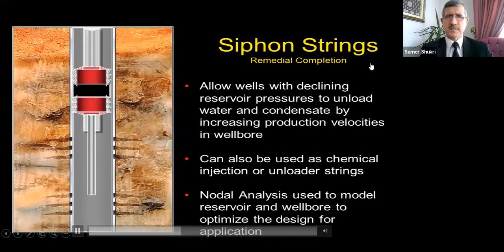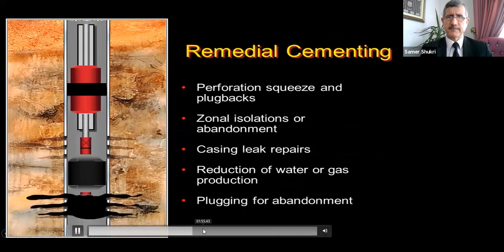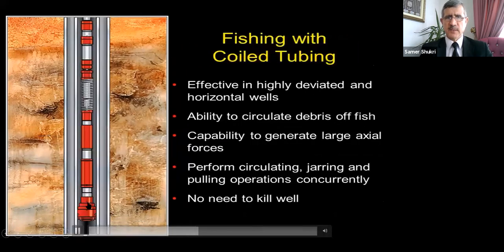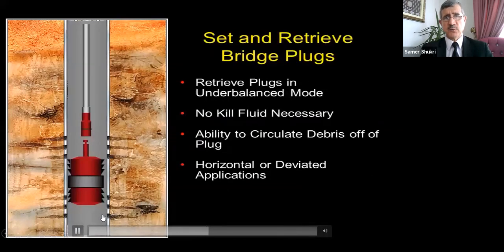Here see foam strings also. Remedial cementing, we can dump cement using the coil tubing. We also have fishing, using coil tubing. It needs much pull force, so we can use the coil tubing because we can go to 40,000 or 80,000 pounds.